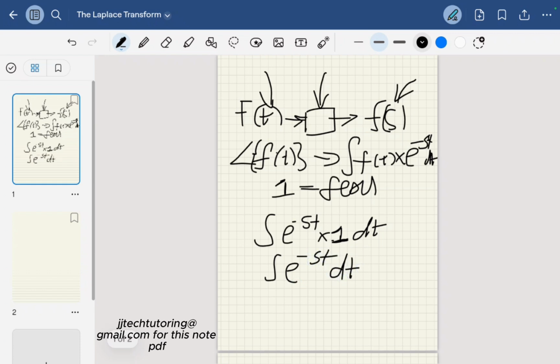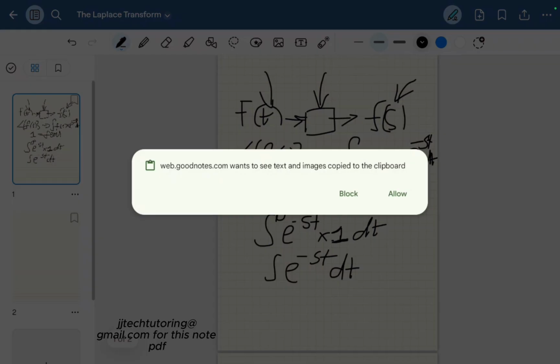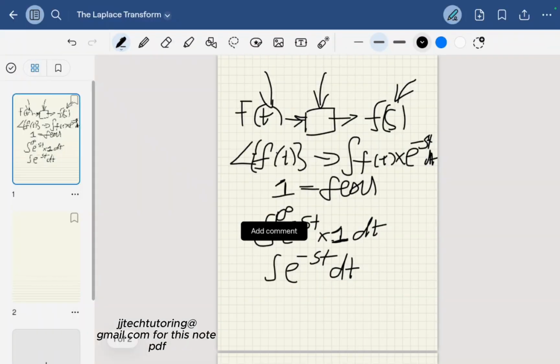Then what is the integration of e to the power negative st? Don't forget that you have to put your intervals here. Then we find the derivative of the exponent and divide by that derivative, and the numerator should be the 1.